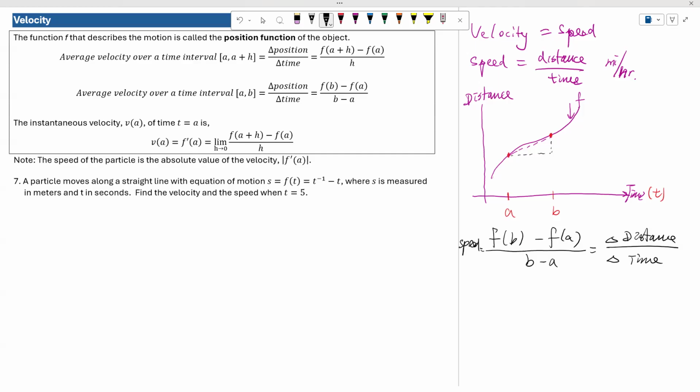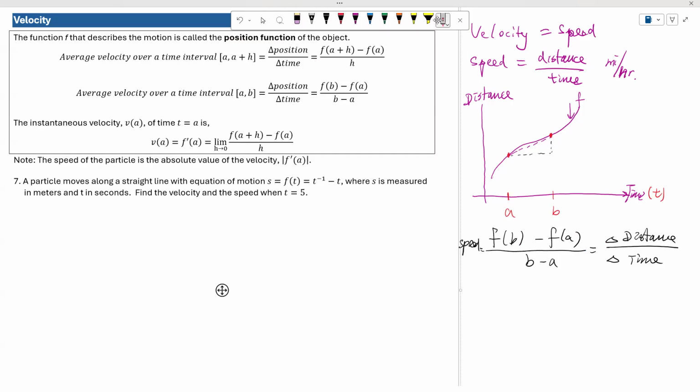Okay, so now let us look at the definitions. The function f that describes the motion is called the position function. So in this case, the function f is a position function.